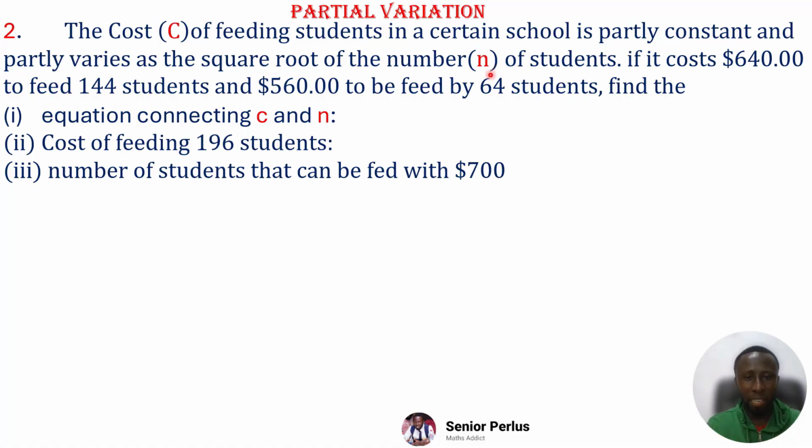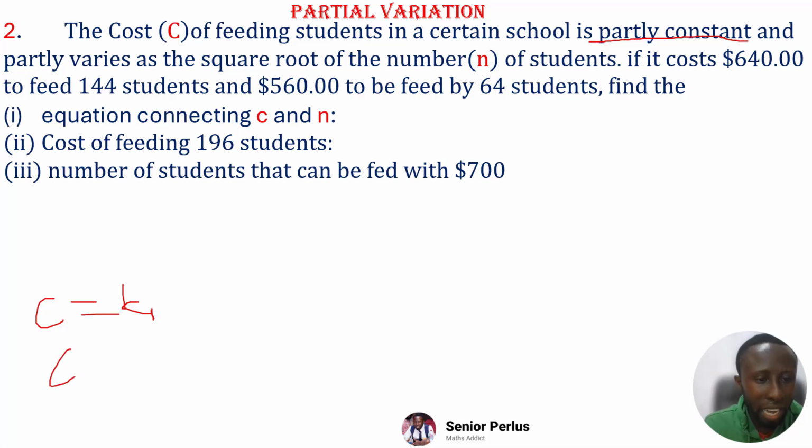Let's write this as a mathematical expression. C is partly constant, that's k1, because we get two constants in a partial variation.